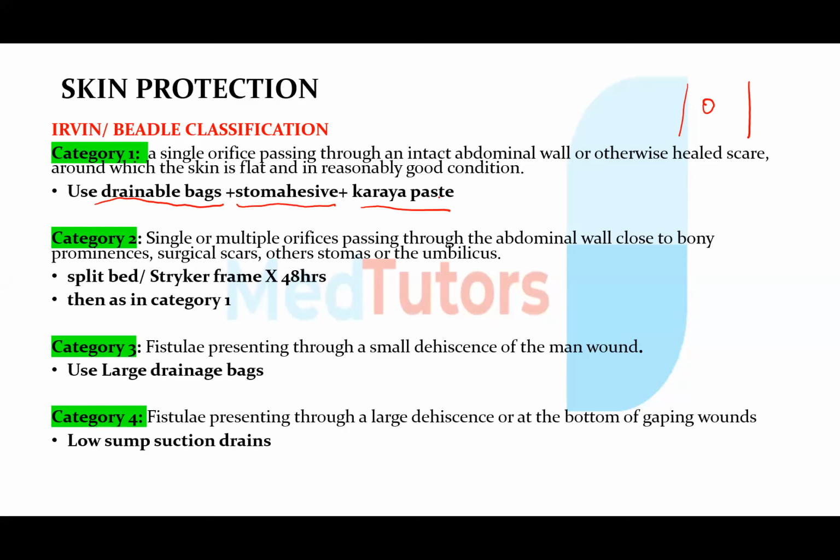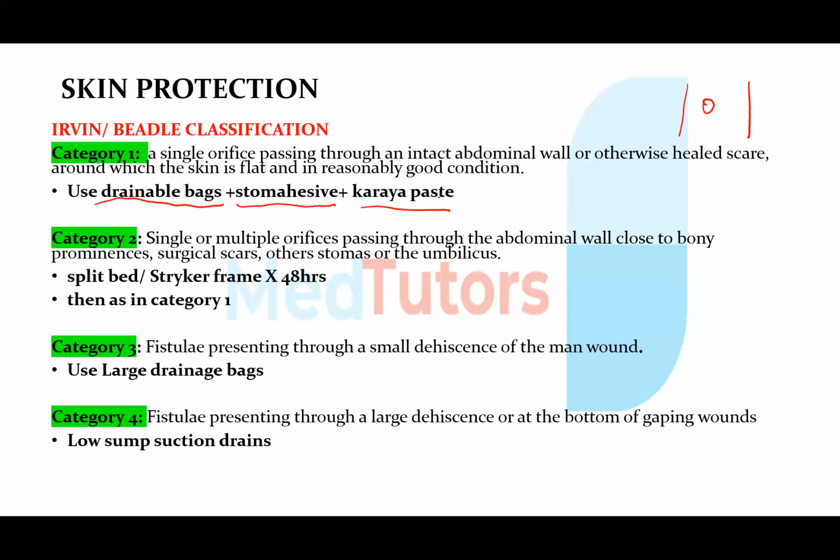Because the effluent is collected into a bag, and you are applying protection to the surrounding skin. Now, in category 1, you should note there will be no difficulty in application of the bag to collect the effluent. That is very important. There is no difficulty for application and collection of content because there is no scar, there is no bony prominence, it's not coming out through the umbilicus.